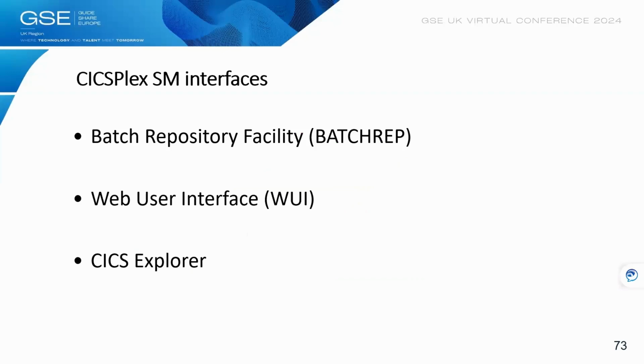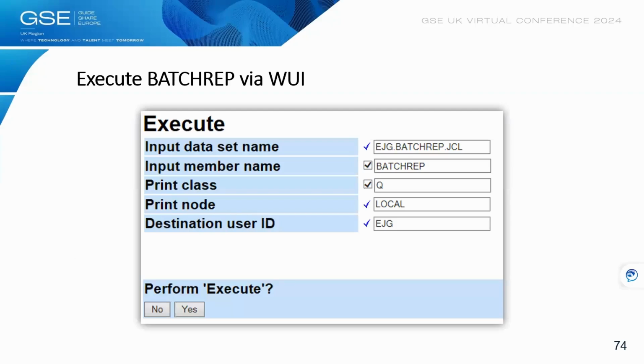So the last bit of this we'll talk about is BatchRep, the batch repository facility, which I tend to use to dump what's in the EYUDREP, and then mention a little bit about the web user interface in the CICS Explorer, although you've seen a little bit of it throughout the presentation. So the idea behind BatchRep was the ability to run what they thought was a batch job within the CMAS.